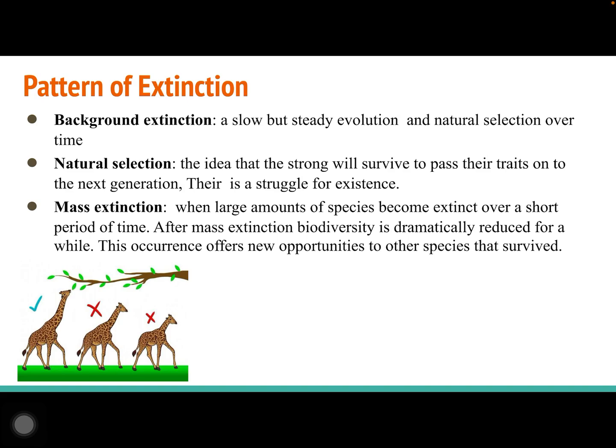So we believe during the dinosaur era, when dinosaurs ruled the earth and land, we had a mass extinction of dinosaurs because of a meteorite that hit Earth and killed them all off. It was very quick, happened in a short amount of time. And that's also what allowed for mammals to take over.